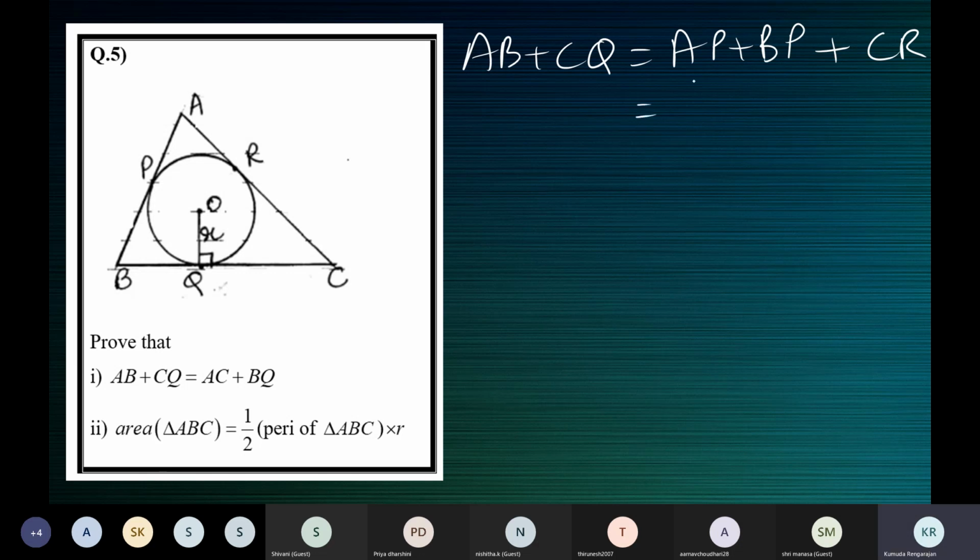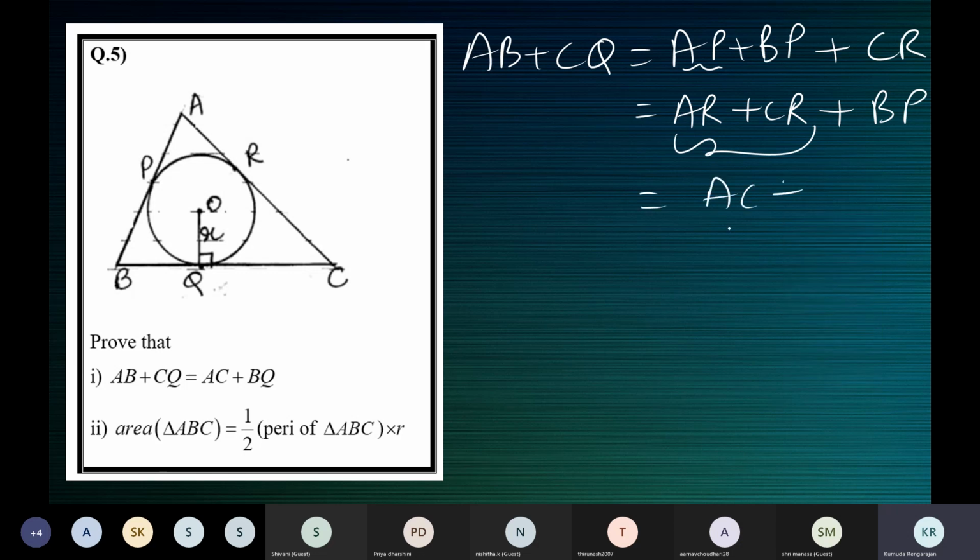Now you know that AC is AR plus CR. So you take away AP and you write AR, because tangents from the external point A to the circle are equal. Plus CR. Next step, AR plus CR is AC, plus BP.